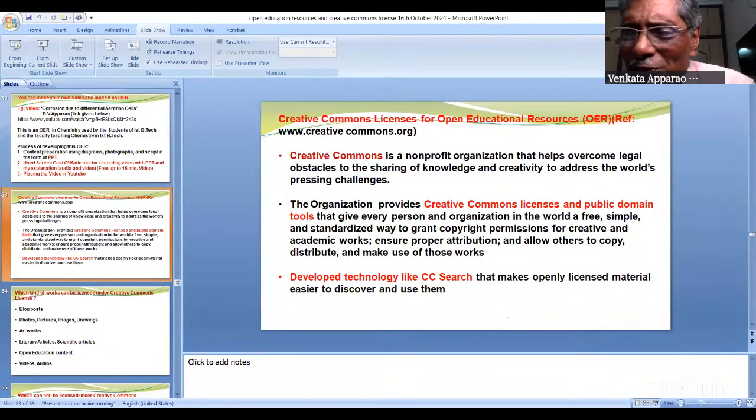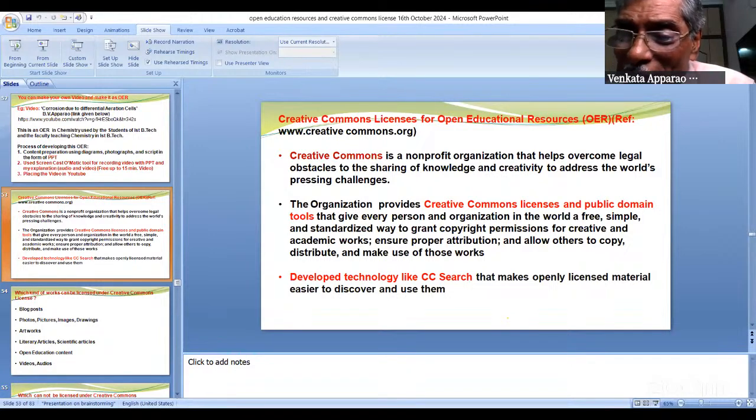Many of my colleagues ask me, you can write books and then earn a lot of money, but you are publishing in the form of OERs. Publishing in the form of OERs can reach the poorest of the poorest in the world.